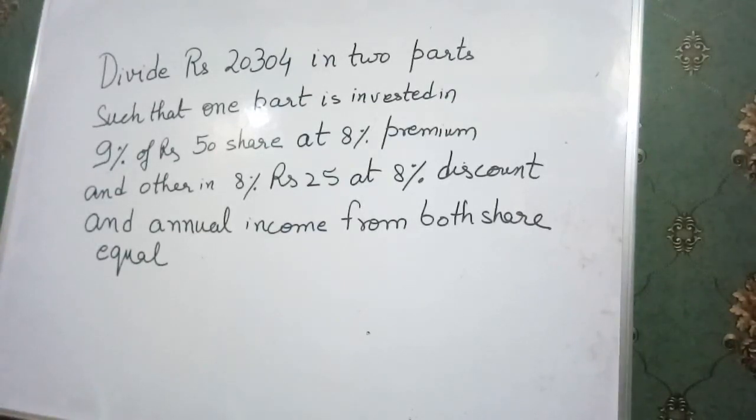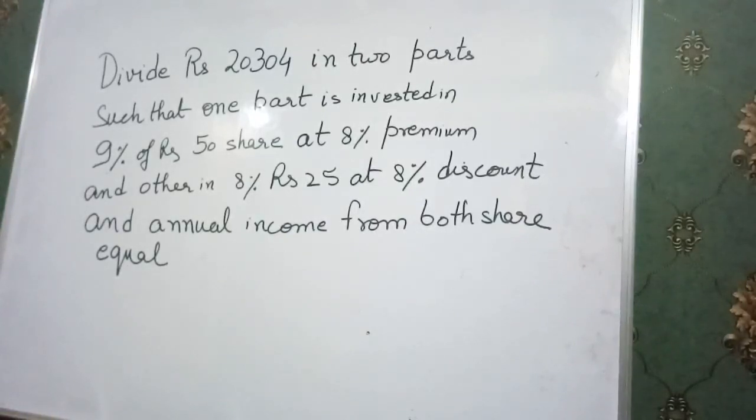That means we receive the same amount of income from both the shares. Now we have to find how much money the investor invested in the first type of share and in the second type of share. As we clearly see, the question does not state that the shareholder invested the same amount of money in the two companies.